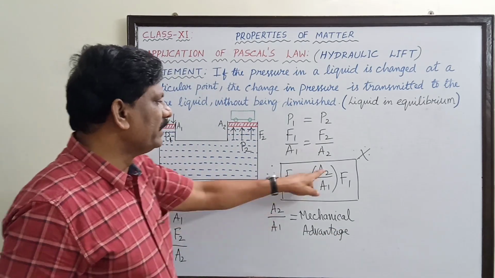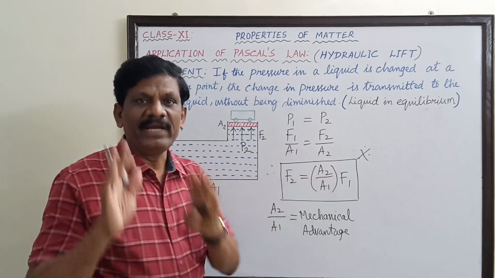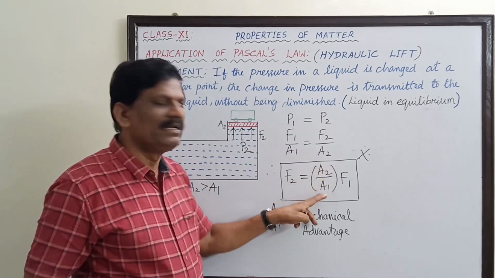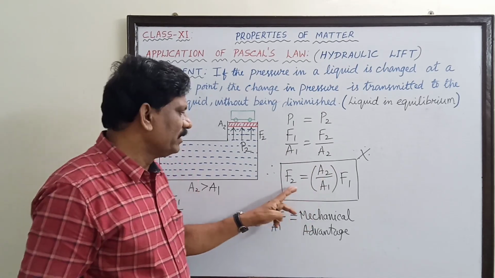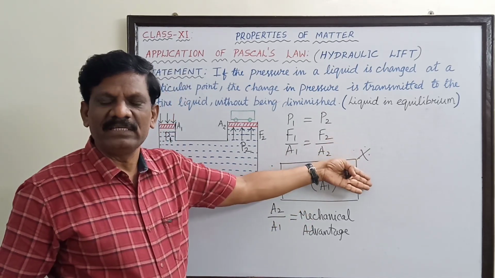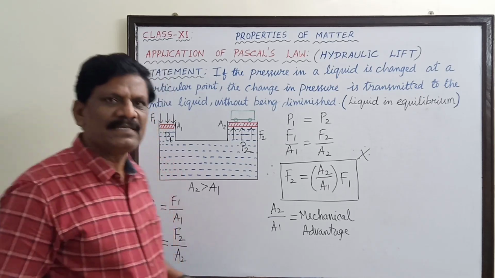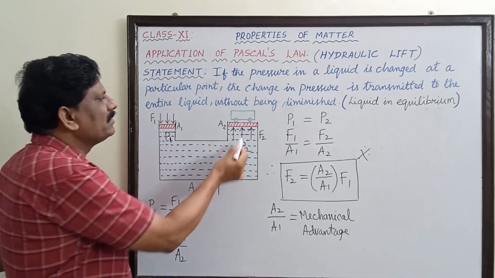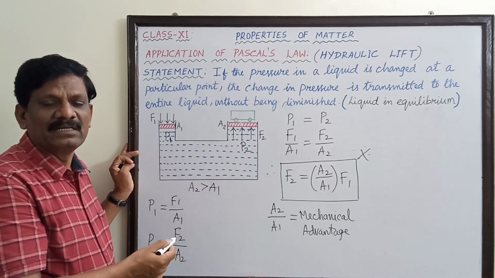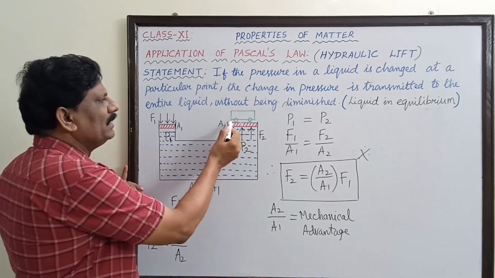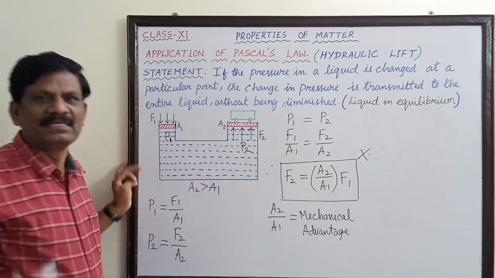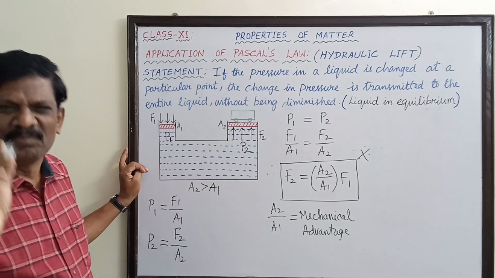Suppose A2 is 5 times wider than A1, so that A2 by A1 is equal to 5, then F2 will be 5 times that of F1, is it not? Yes, you are applying a very small force, and a 5 times larger force will act on the other piston, so that if some heavy objects are kept on the second piston, they can be lifted easily with a small effort.